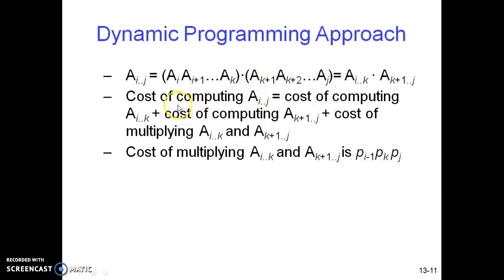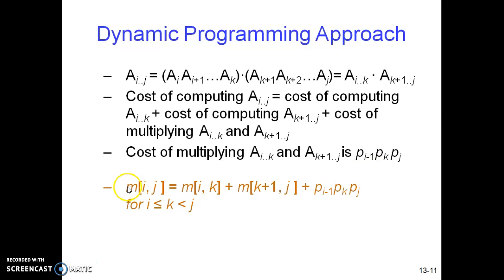That means the cost of computing Aij equals the cost of computing Aik plus the cost of computing A(k+1) to j plus the cost of multiplying Aik and A(k+1) to j. The cost of multiplying these is p(i-1) pk pj.